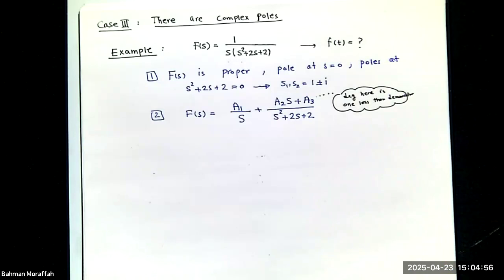The question is, how do I find A1, A2, and A3? Because as soon as I know what they are, I can look them up, and I know exactly what these functions are in the time domain. For A1, it's a case 1. It's a simple pole. It's not complex. It's not repeated. So I can compute A1 very easily.